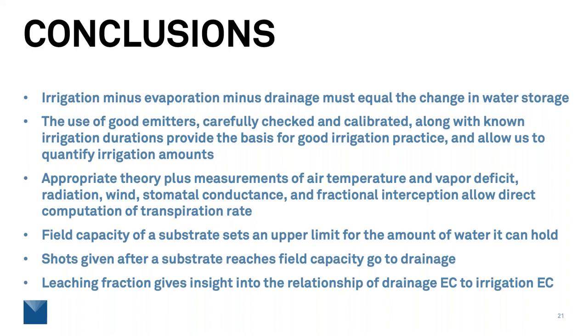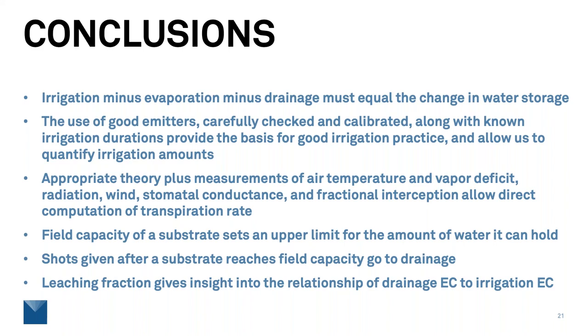We talked about how to check the quantity of irrigation amounts and how important it is to know how much water each plant is getting. We talked about determining transpiration rate from measured plant and environmental variables, about what field capacity is for horticultural substrates and how to determine it.